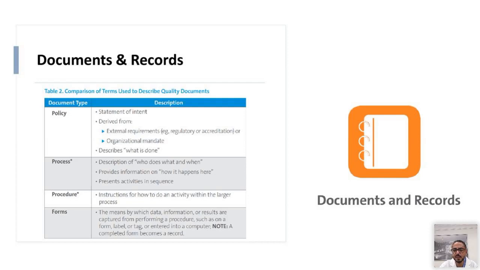Mostly it's activities in sequence, and it can be shown as a flowchart. A procedure has a further explanation on how to conduct the process that you have. And finally, the forms or the output are the means by which data, information, or results are captured from performing procedures and translated into an output.